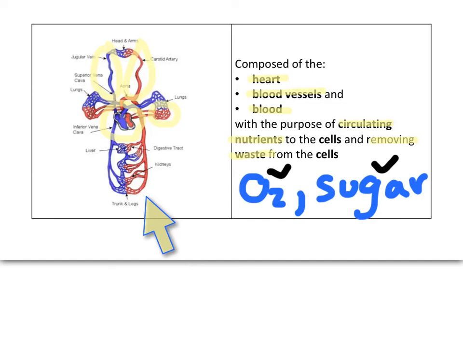So this is basically an example of a system where you have different organs and different tissues working together for a common goal.